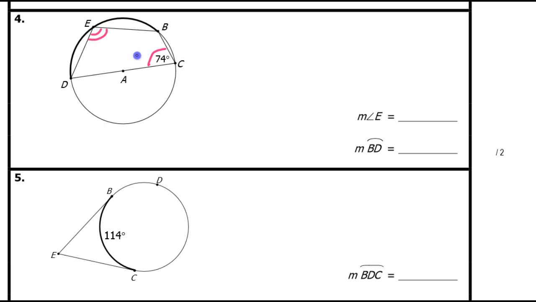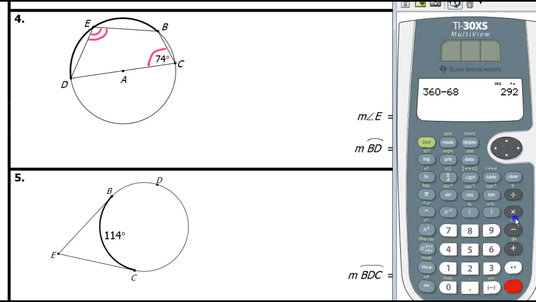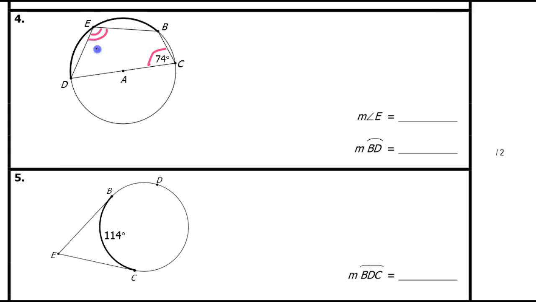These have to be supplementary. So of course, if I subtract 180 minus 74, you're going to get 106. So that means this angle right here is 106.